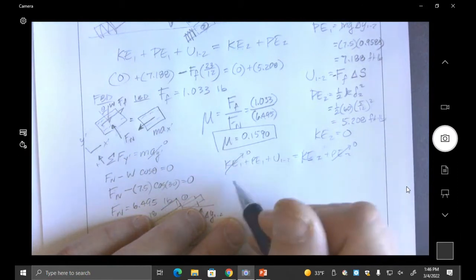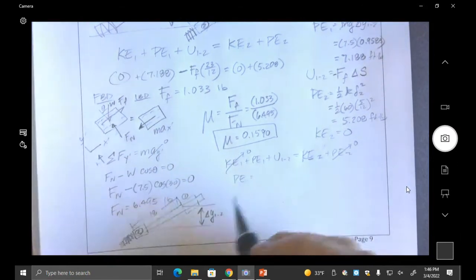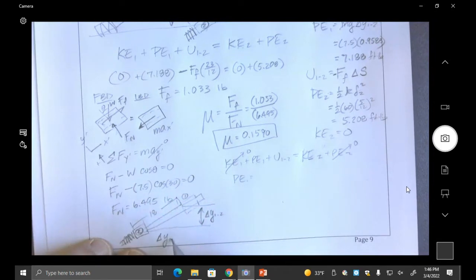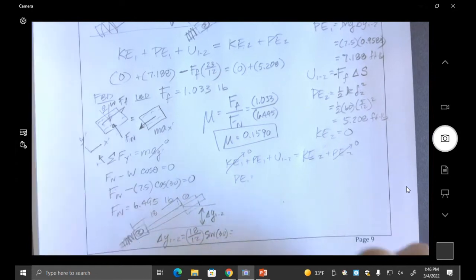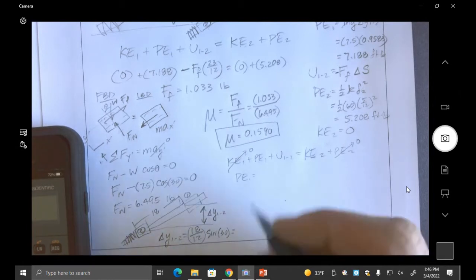So my PE in this case is going to be a little different because my delta Y from 1 to 2 is now going to be 18 divided by 12 times sine of 30, or just 0.75.